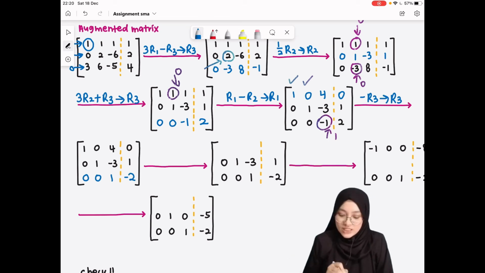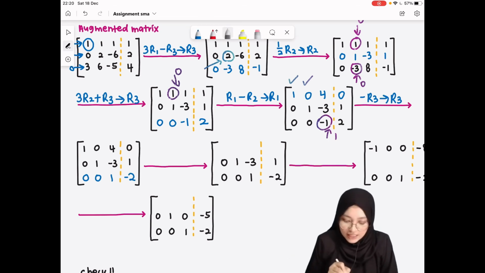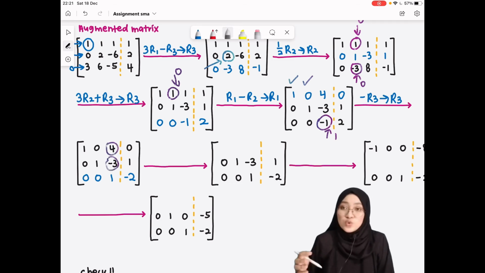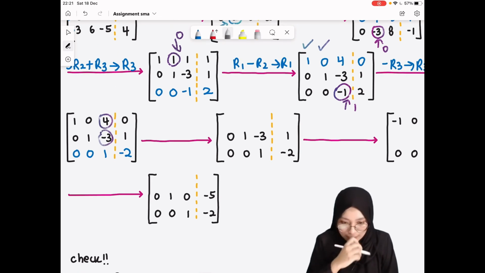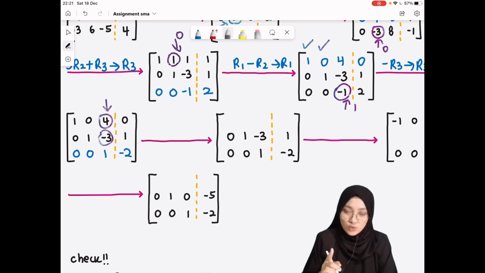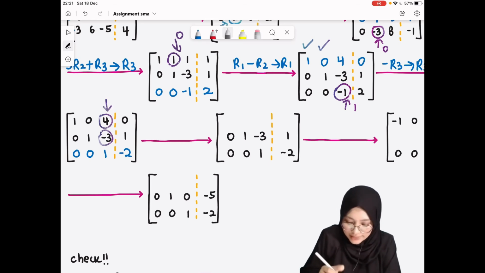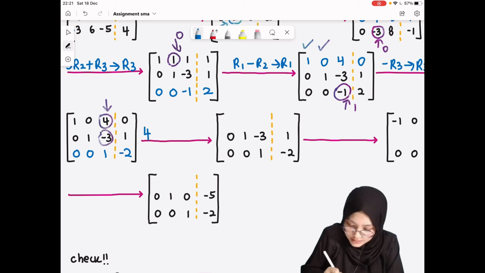Okay, this is not complete yet because, as we can see here, the number above the leading one is not 0. So we need to do some operation. We will go through one by one. For this part, I would like to change row 1 first. So 4 times row 3 minus row 1 and write it back in row 1.